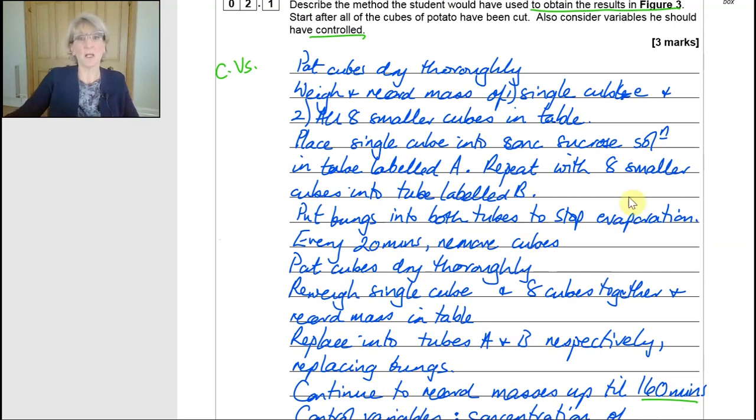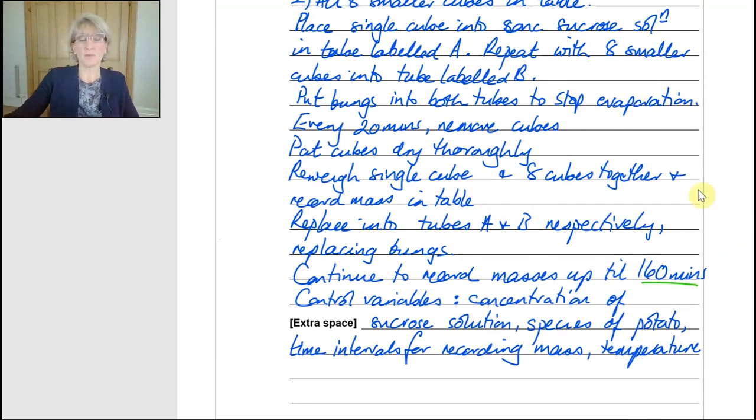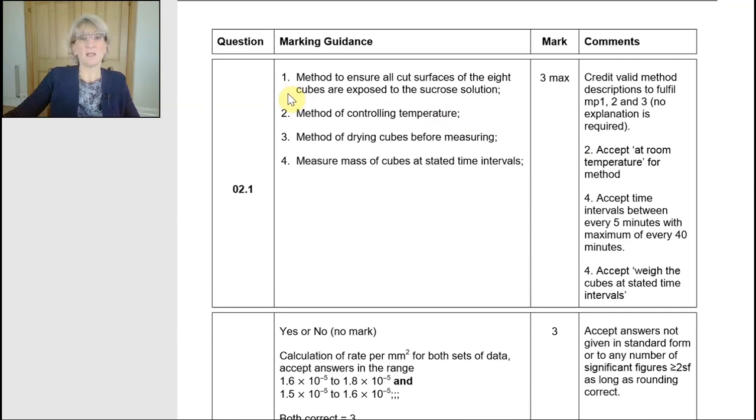I picked up the clue from the question, and then I went back and went, oh, I haven't done my control variables. What control variables can I think of? So I thought of the concentration of sucrose solution was kept the same, the species of potato, the time intervals for recording mass, and the temperature. It was all I could think of. Right, so I didn't think of that one.